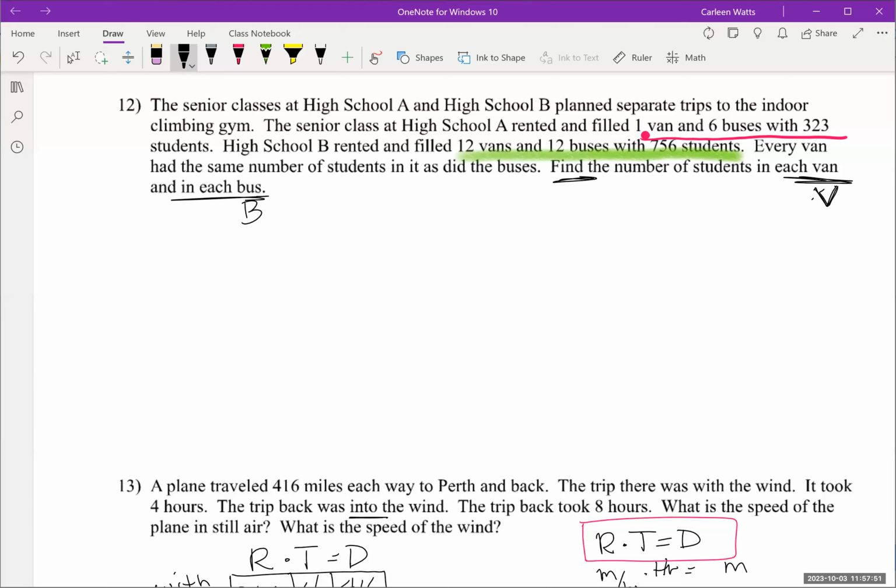Okay, look at the red and write an equation for high school A. One van, bless you, plus 6 buses equals 323 students.